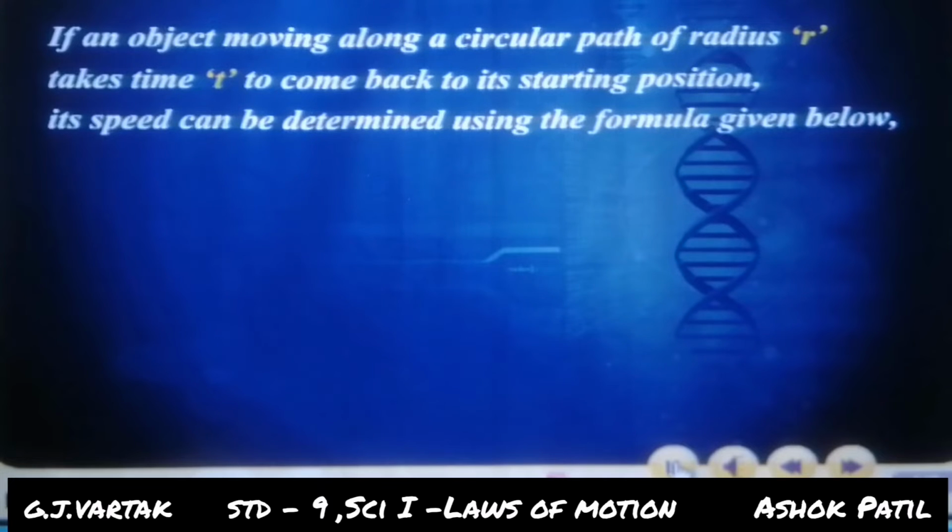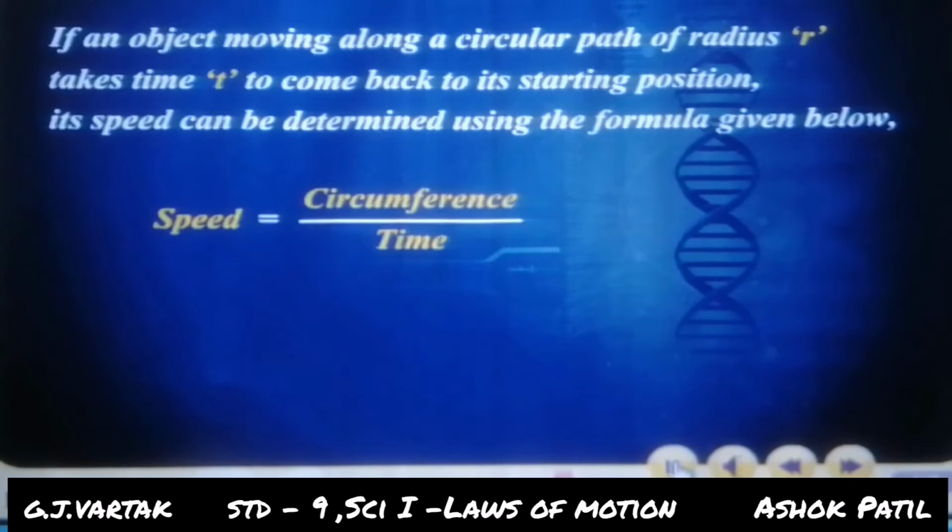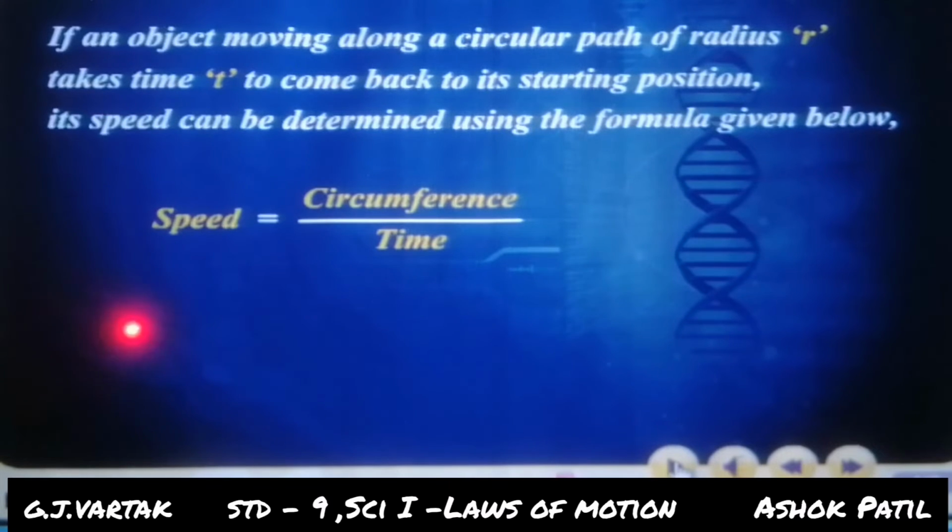This is a circular path, that's why you can write here the circumference of the circle, 2 pi r. Speed is equal to circumference upon time.